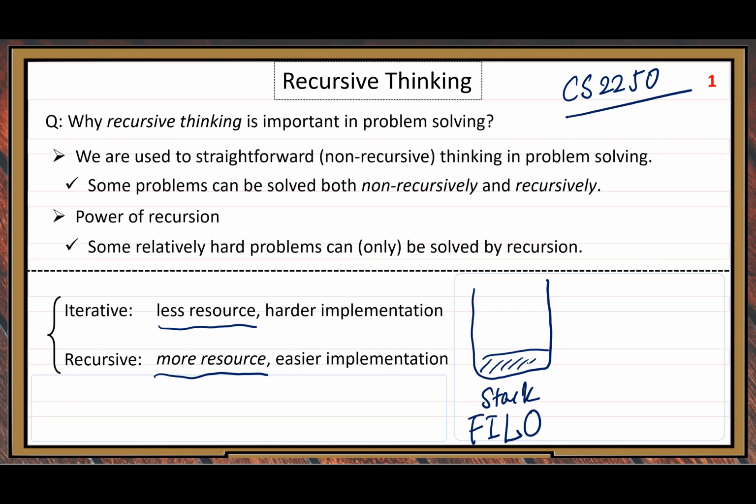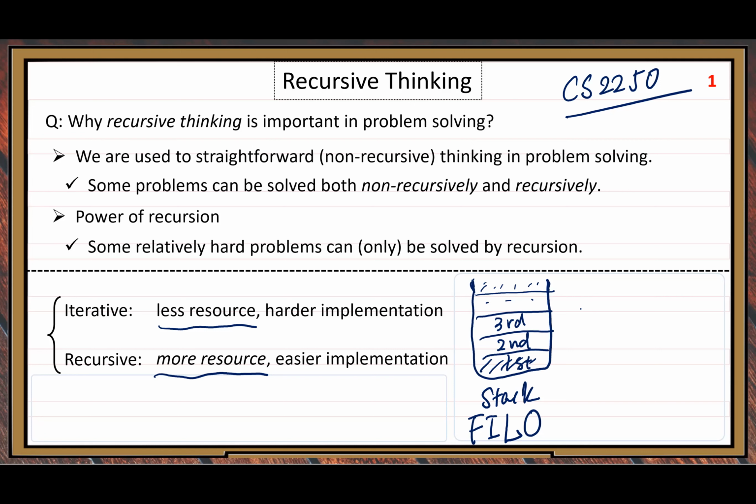Let's say first item, second item, third item. The last one is on top, the top of the stack. Oh, I mean last in, first out. The last item you push into the stack is the first one out. So that's the main property of a stack.